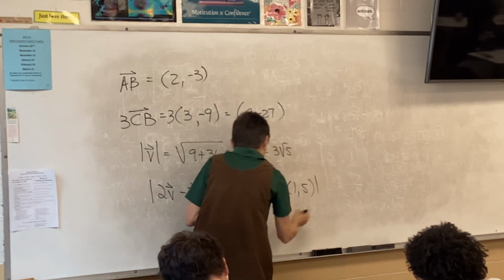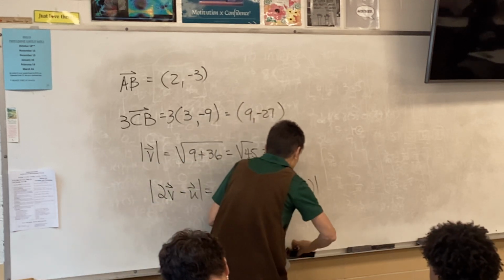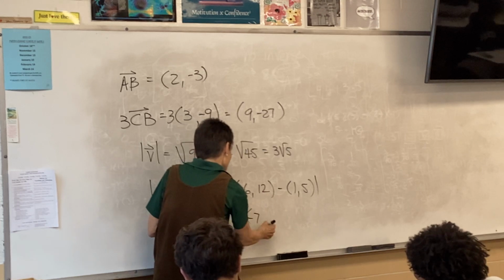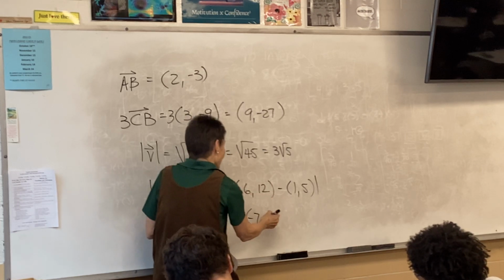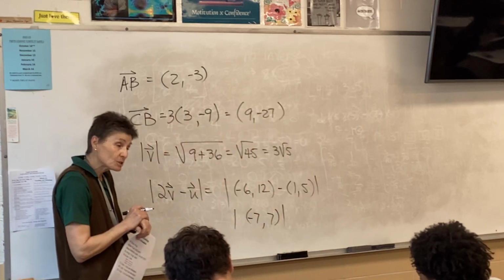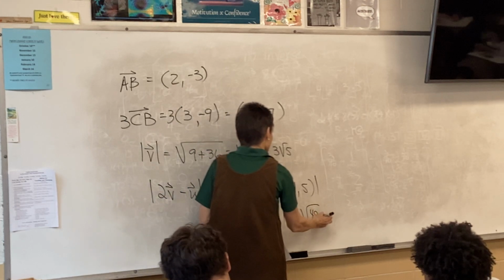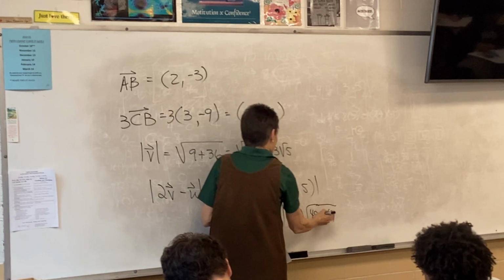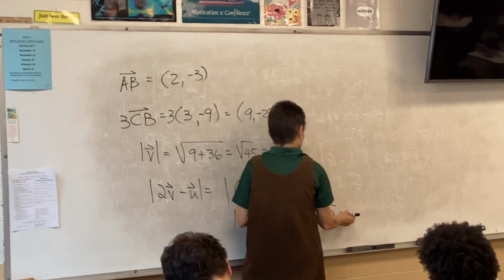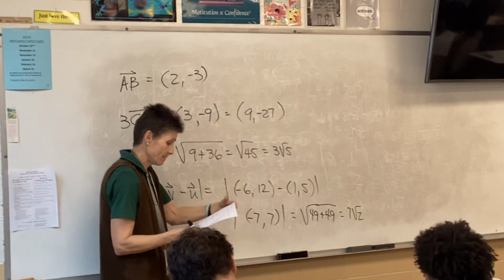And I am subtracting them, so that's going to give me -6 minus 1, -7, and 12 minus 5, +7. And I need the magnitude of that. So I square, add them up and take the square root. So that's going to be 7√2, isn't it? Square root of 98.